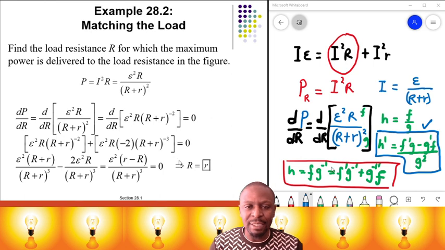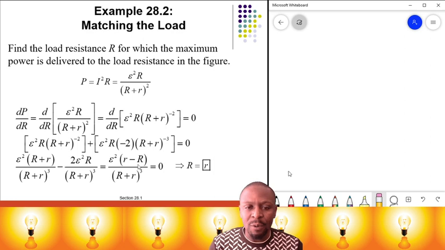Now that's what you are going to have, and I also want to leave it to you to use the quotient rule to actually show that the answer will be the same, and that can also be done very, very easily, right? Good. Now that's the power.